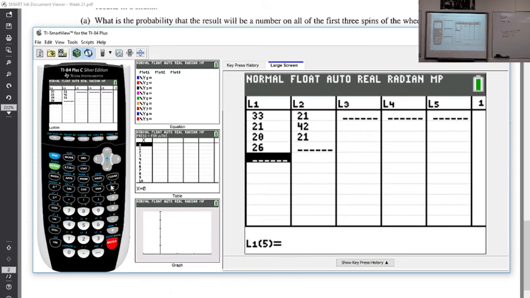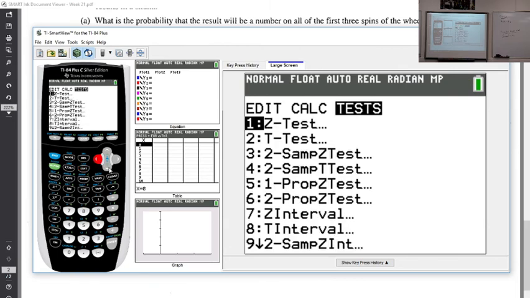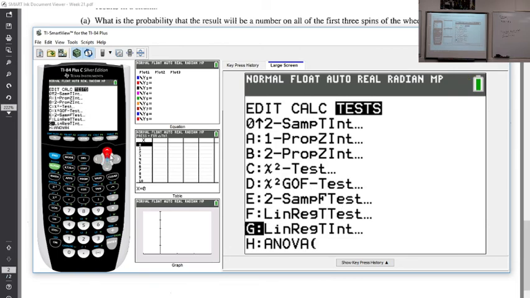Over in list 2, they're all 25. Those are all my expected counts. And they're all at least 5. So that's good news for us. There's our condition of the expected counts being at least 5 met. So then I'm going to go over stat, over to tests. This is a chi-square goodness of fit test.